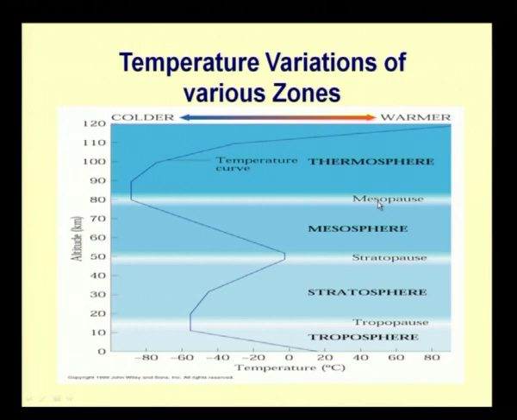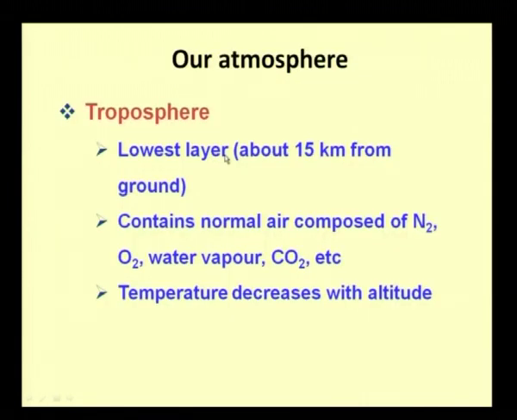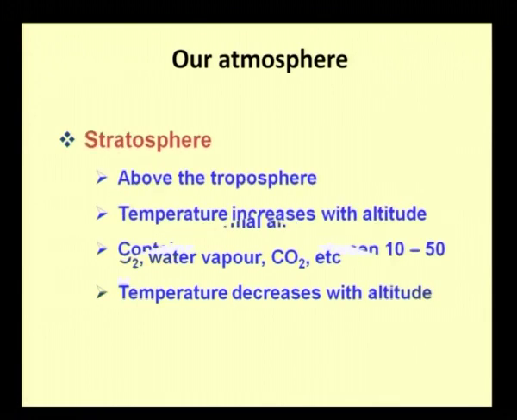These are the boundaries between two layers. The troposphere is the lowest layer, about 15 kilometers. It contains normal air composed of nitrogen, oxygen, water vapor, carbon dioxide, etc., and the temperature decreases with altitude.